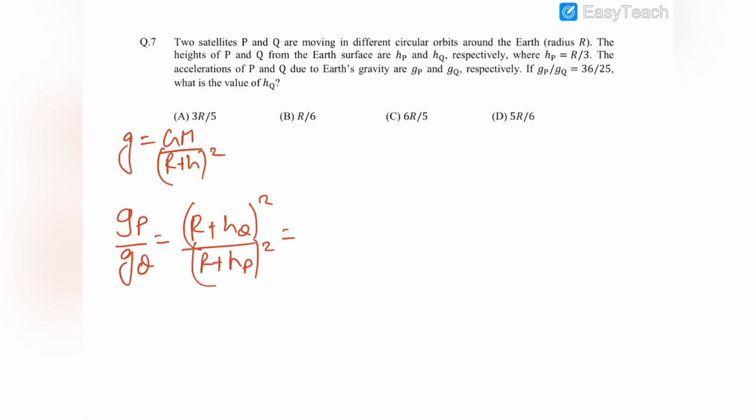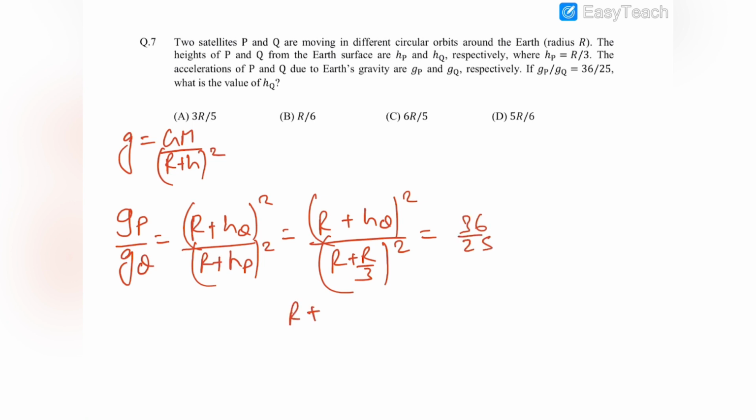Okay, so this is r and hq is unknown, and hp is equal to r by 3, so this is r plus r by 3, and gp by gq is 36/25.